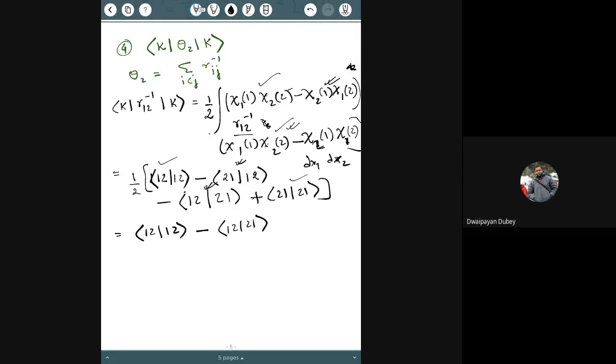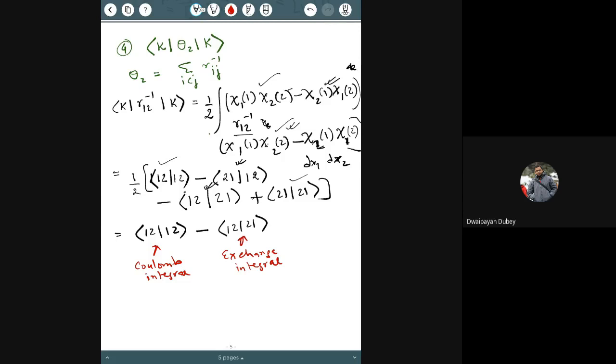So we have simplified the expression, and this is what is called the Coulomb integral, and this is what is called the exchange integral. We will look at why it is called so in later part of this class today.